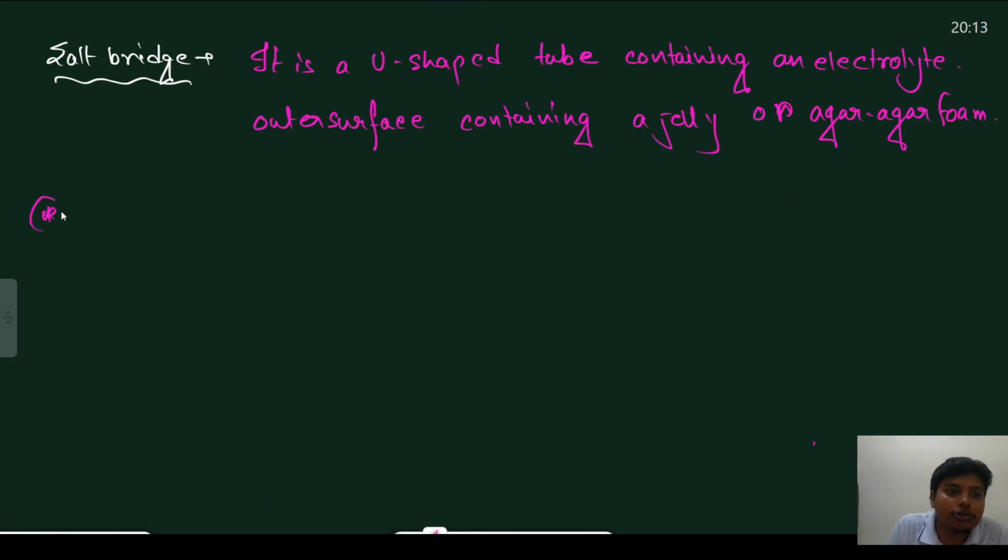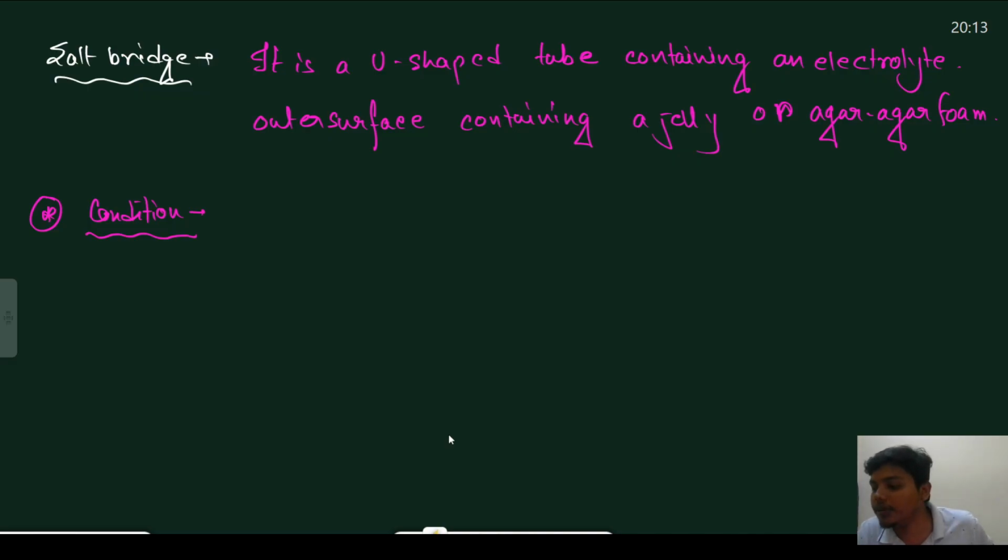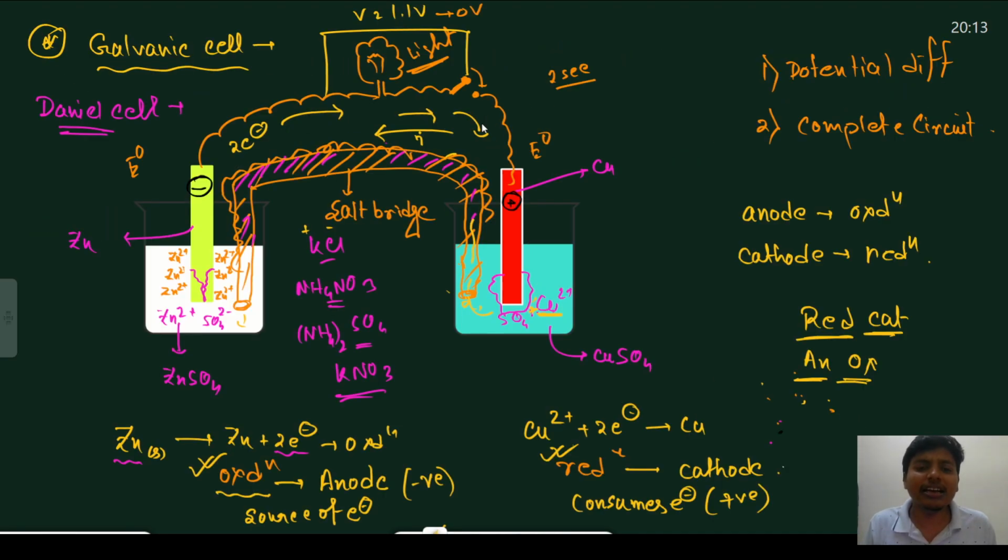Now, what are the conditions for salt bridge? Sometimes the question asks about the conditions. If salt bridge is there, what will happen? The light will glow, no problem. How? Potential difference will always be there between the two electrodes. The potential difference will not become zero. See, the circuit is completed, yes or no?